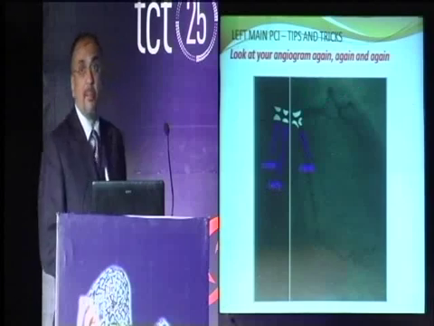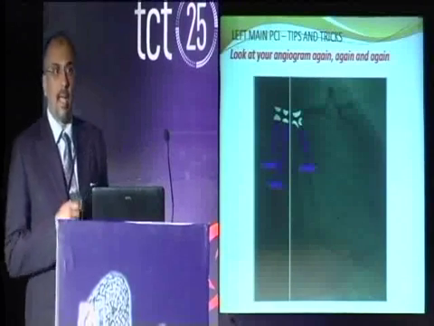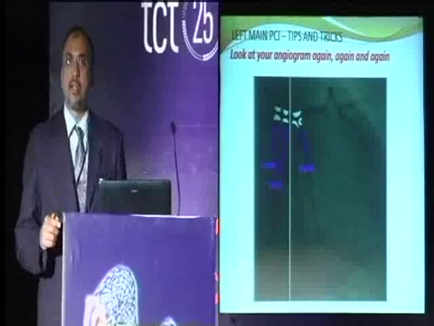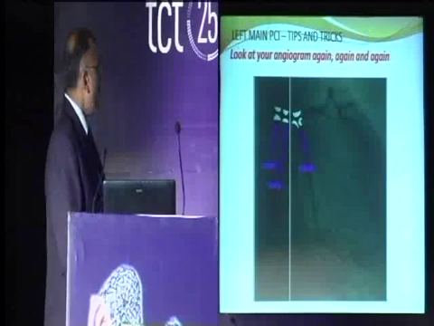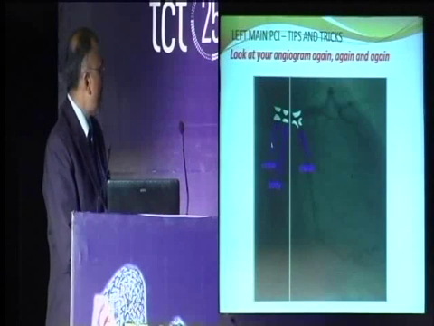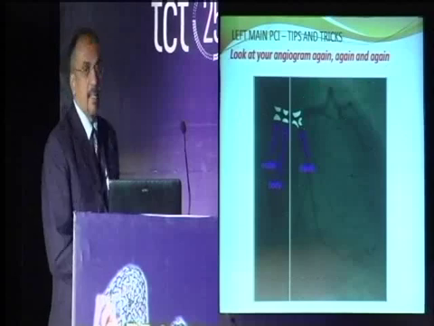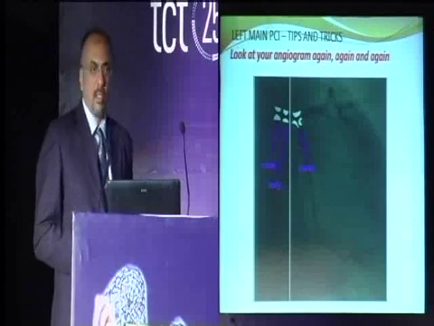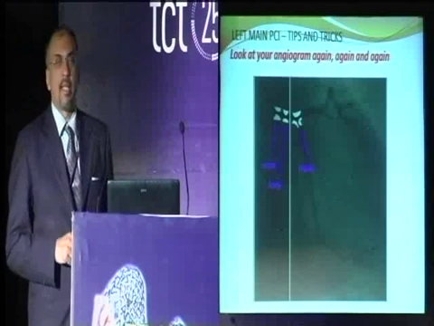When you look at your angiogram again and again and again, you must realize that left main angioplasty is not a homogeneous entity. You are looking at ostial and body angioplasty, ostial and shaft, and distal. So these are actually two separate entities.